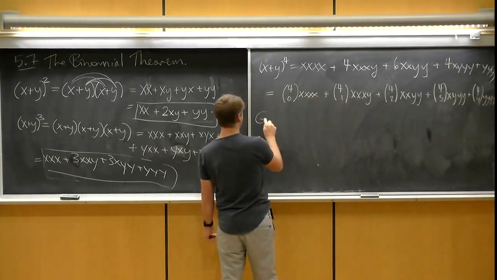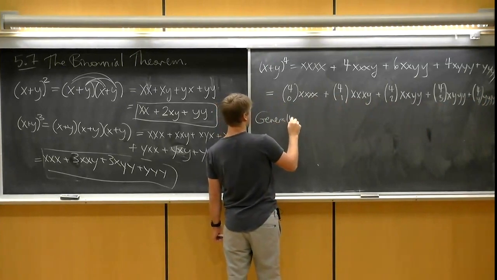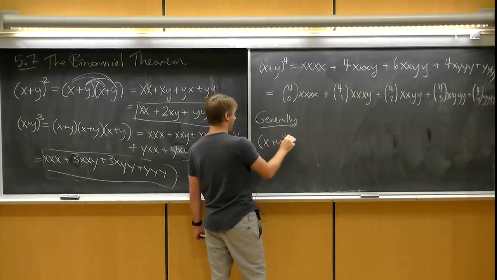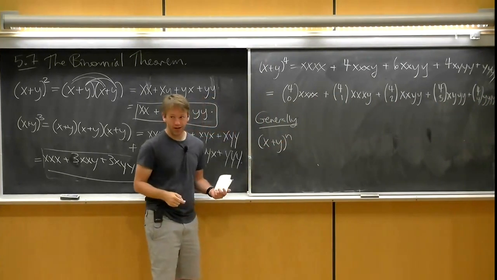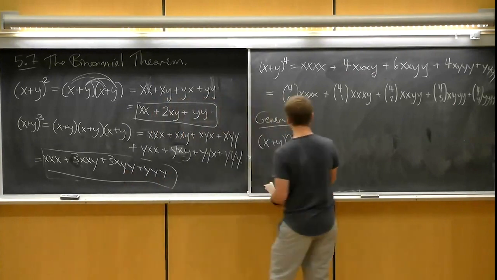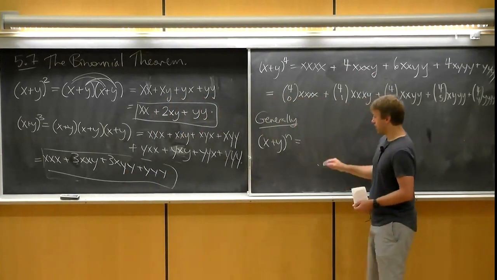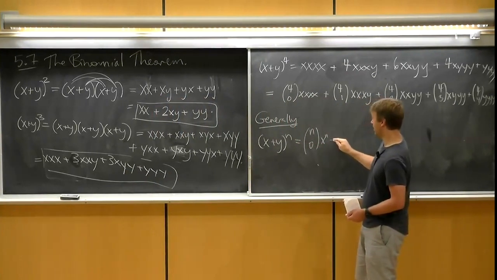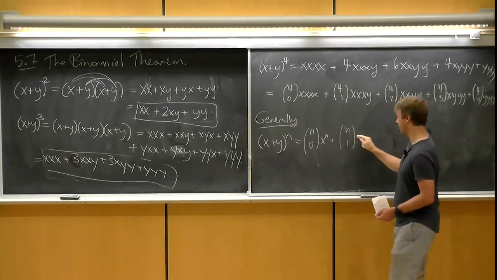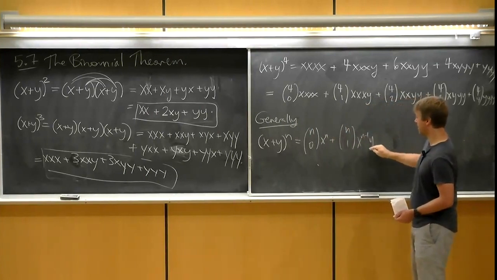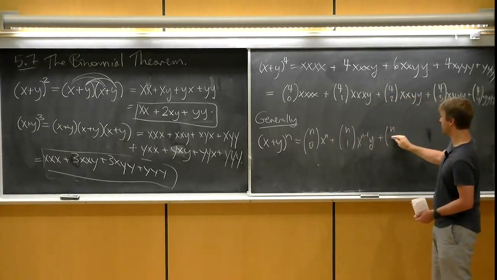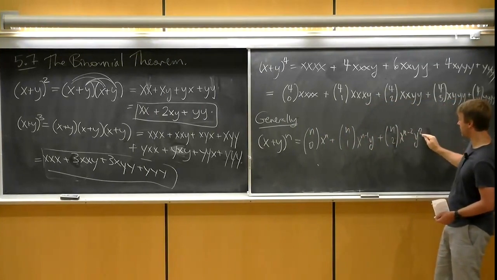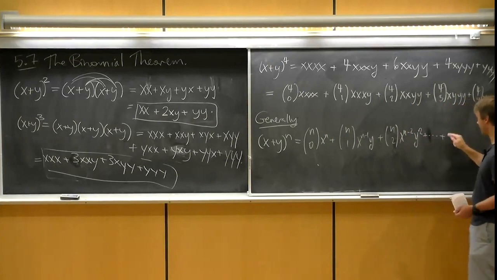So generally speaking, if I want to expand (x plus y) to the n for some positive integer n, that's always equal to n choose 0 times x to the n, plus n choose 1 times x to the n minus 1 times y, plus n choose 2 times x to the n minus 2 times y squared, plus dot dot dot.